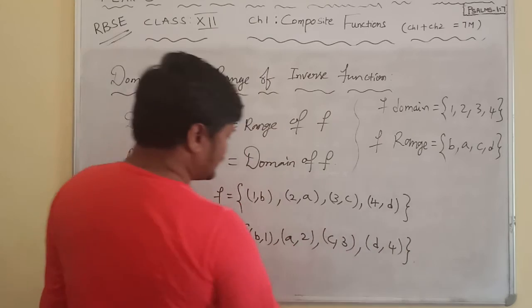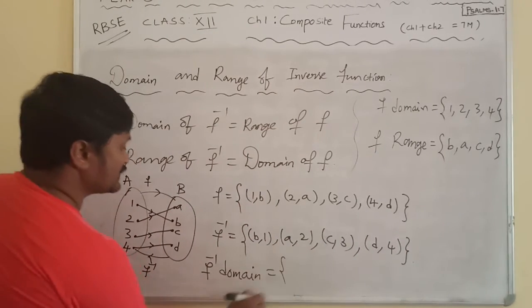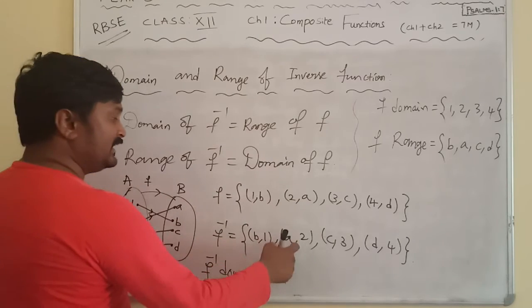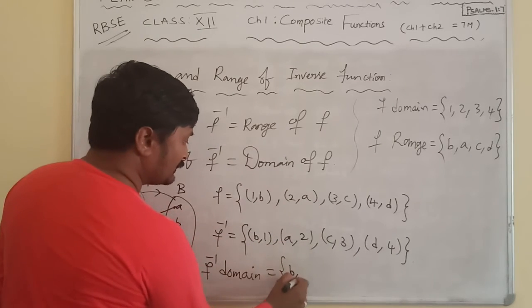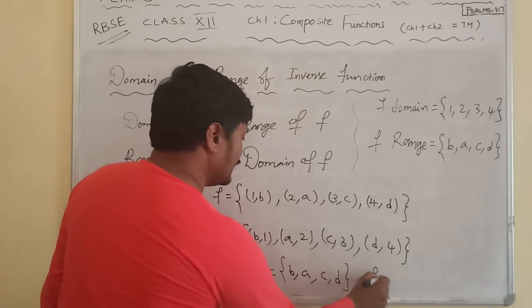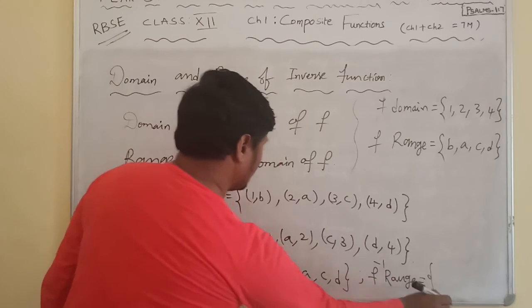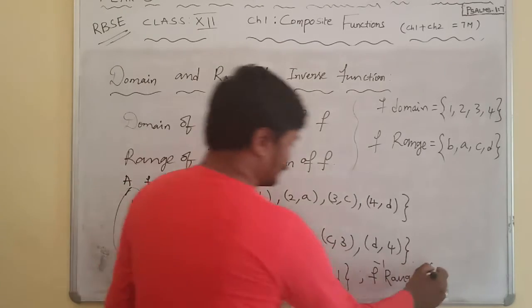Now tell me the domain of f inverse. I'll write all the first elements: b, a, c, d. Next, the range of f inverse is the second elements: 1, 2, 3, 4.